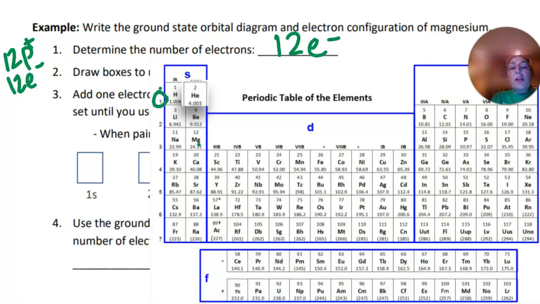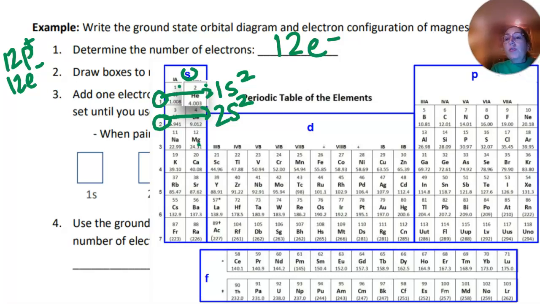We're going to fill the 1s orbital with electrons to get all the way to magnesium. We're going to think about the order of filling. We're going to have to fill the 1s with 2 electrons. Then we're going to have to fill the 2s with 2 electrons. To get to magnesium, we're next going to have to fill the 2p here.